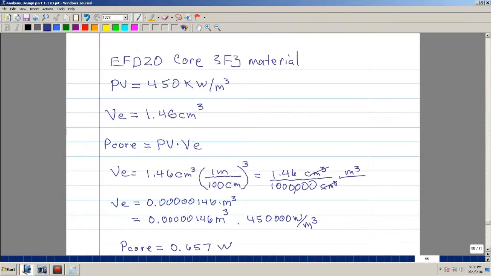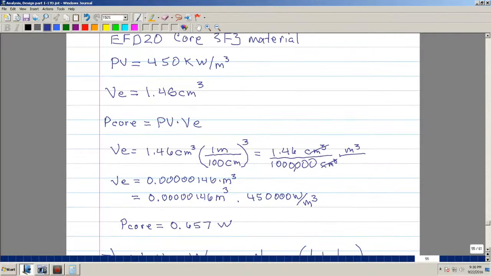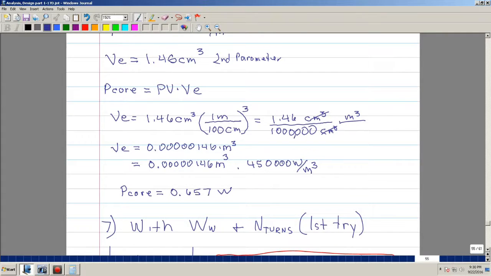Again, this is the core, the material that I'm using. That's where we got the little chart up above. And we calculated a PV from the chart of 450 kilowatts per meter cubed. And VE comes from our second parameter. To calculate the core losses, you multiply PV times VE.